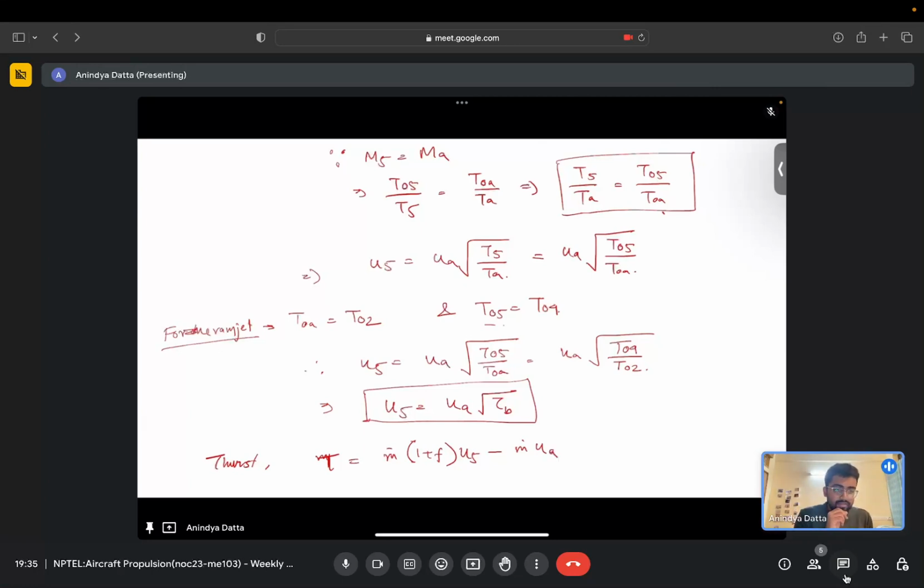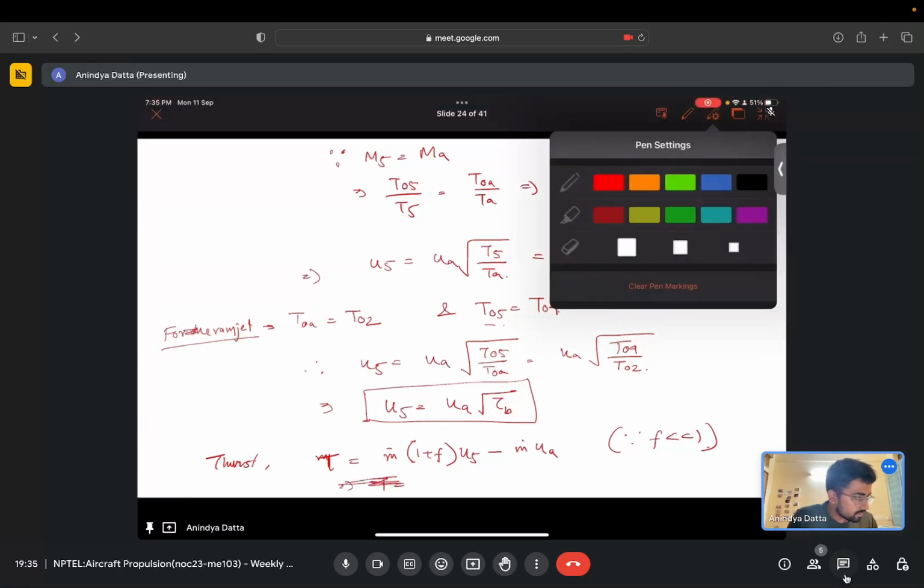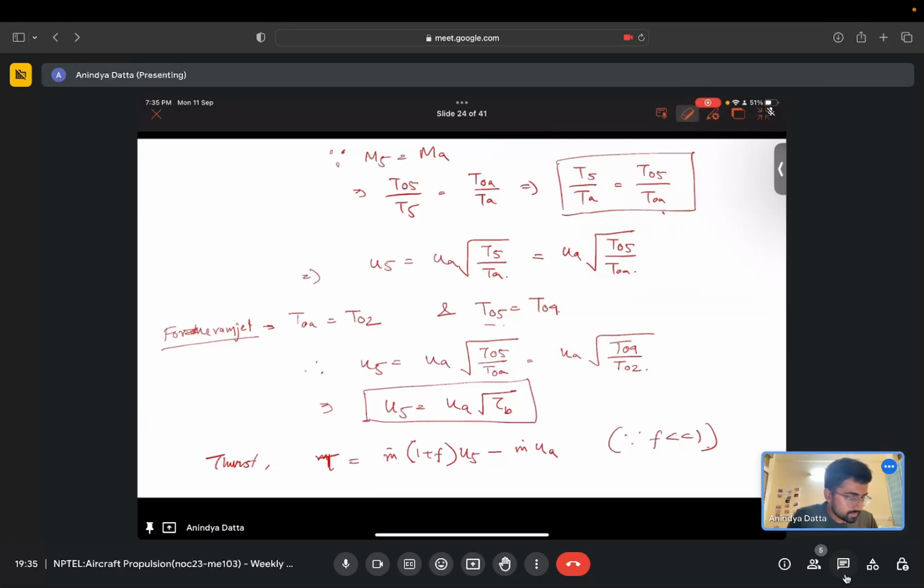So the momentum flux going outward, so there the total mass flow rate is the mass flow rate of air plus fuel times the exit velocity minus this. So if we now neglect, since F is much less than 1, so thrust will be equal to, okay, let me do it in a new page.